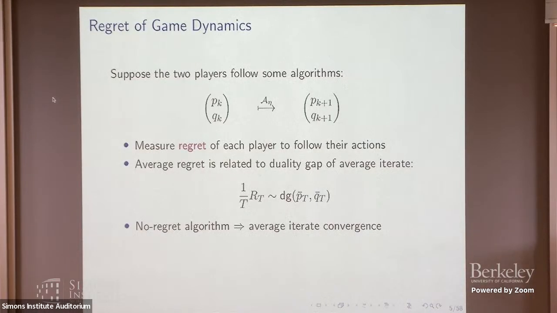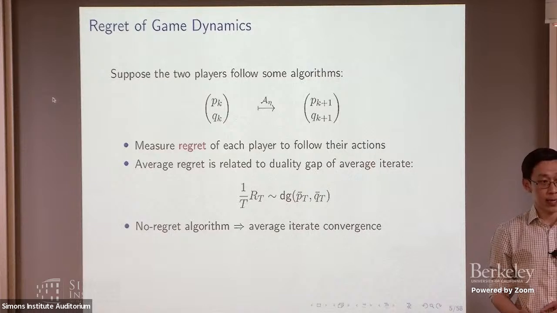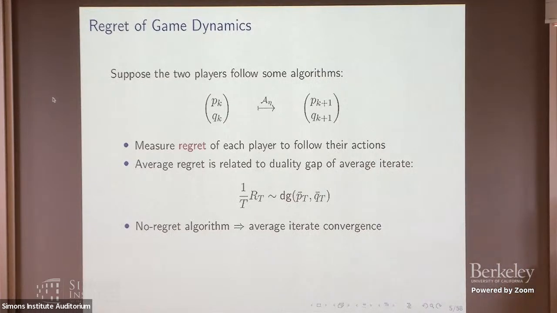And today we'll talk also about the regrets of the algorithms. So suppose the two players follow some algorithms or some dynamics. Then as usual in online learning, we can measure the regret of each player by following their action compared to the best static strategy in hindsight, right? And we can also do that for the second player.